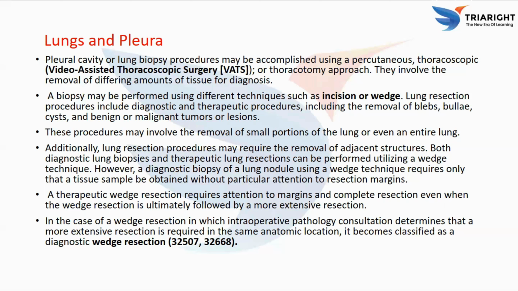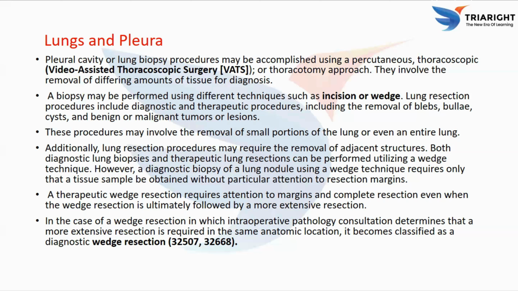And the next guideline is the extent of the lung resection. Depending upon the disease severity, surgeons may remove a small wedge, a segment, a lobe, or an entire lung. Sometimes adjacent structures like pleura, chest wall, and lymph nodes may also need removal. So now what is the important concept here? The wedge resection. Wedge resection can be either diagnostic wedge resection or therapeutic wedge resection.